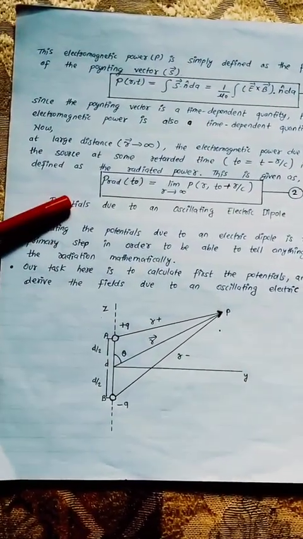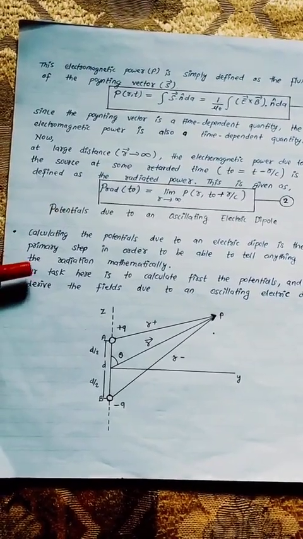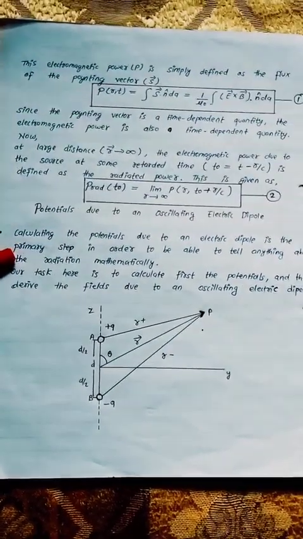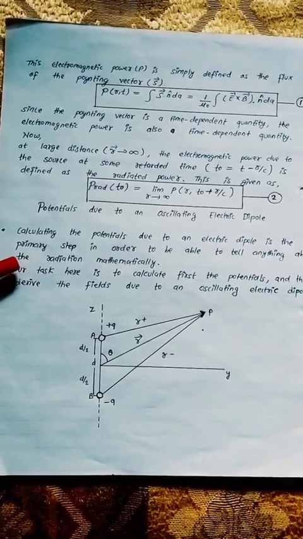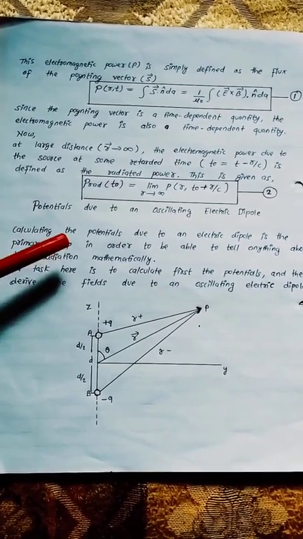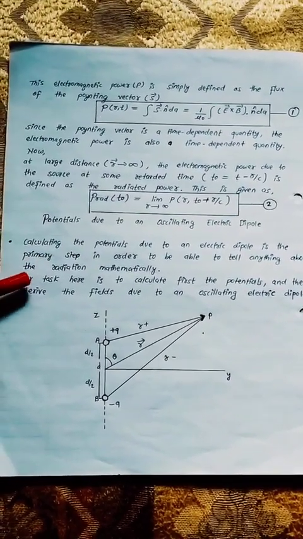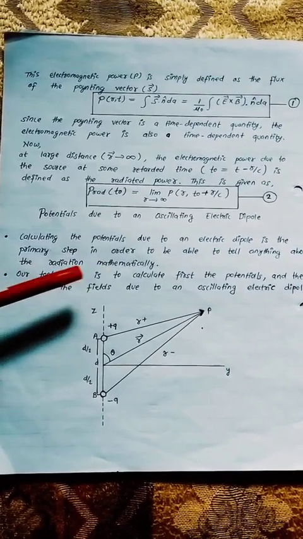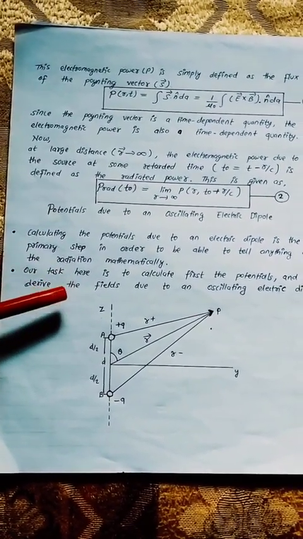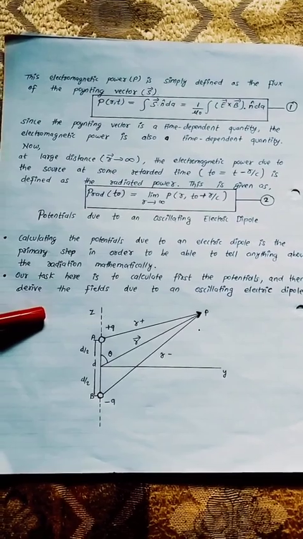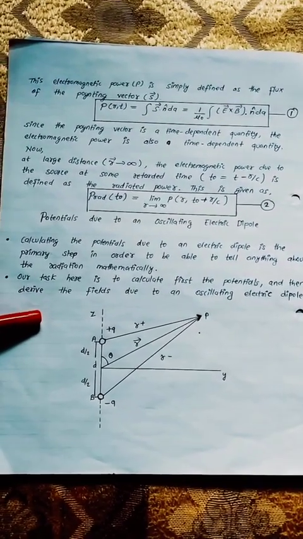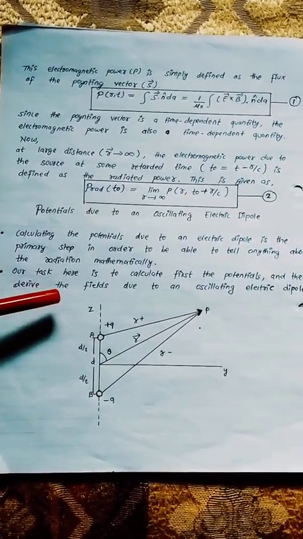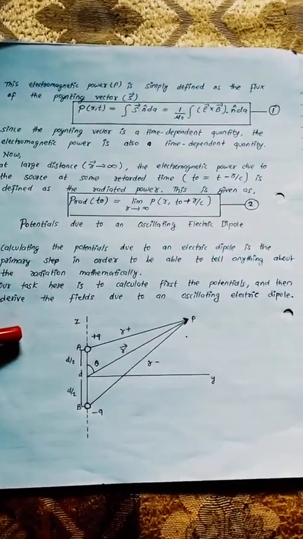Then, potential due to an oscillating electric dipole. Calculating the potential due to an electric dipole is the primary step in order to be able to say anything about the radiation mathematically. Our task is to calculate the potential and then derive the fields due to an oscillating electric dipole.